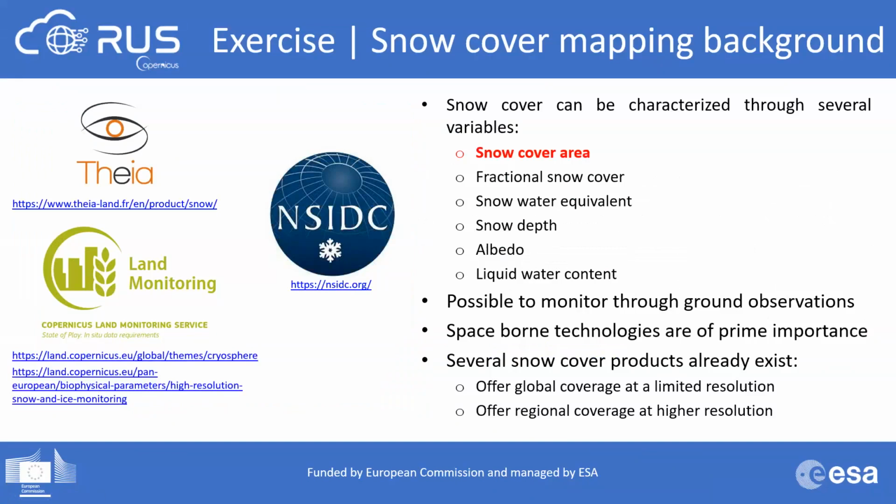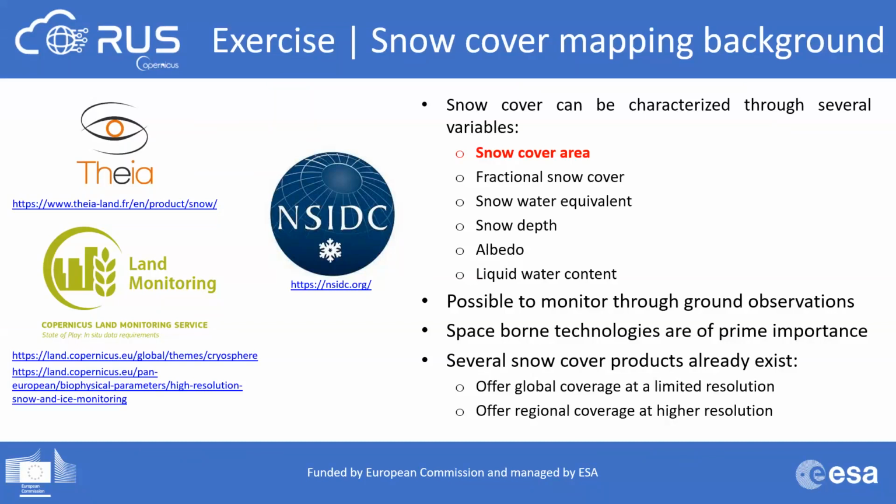It's of course possible to monitor the snow cover with ground observations, but very often the snow-covered areas are remote regions where it is difficult to set up in situ measurement means. Moreover, the in situ measurement techniques usually cover a limited area and do not allow to monitor wider regions.